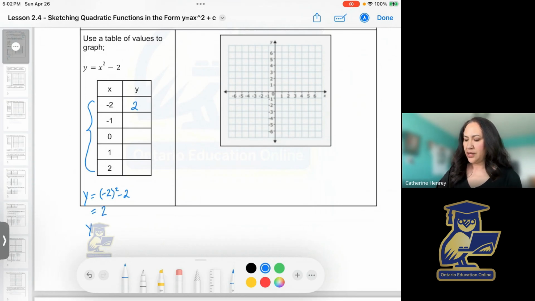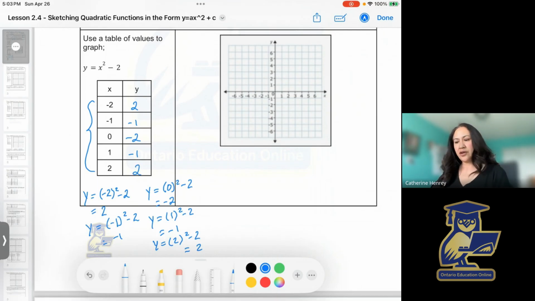Next, y equals (-1)² minus 2, and that equals -1. Then y equals 0² minus 2, and that'll equal -2. Then y equals 1² minus 2, and that'll equal -1. And then y equals 2² minus 2, and that'll equal 2.